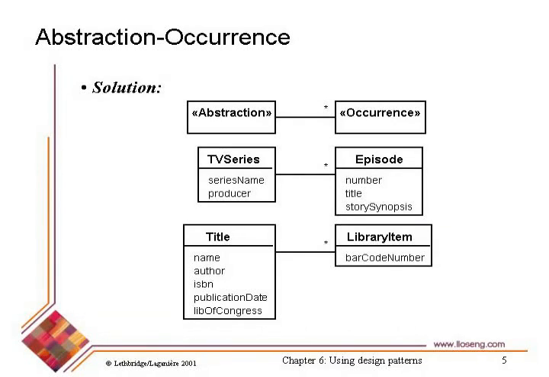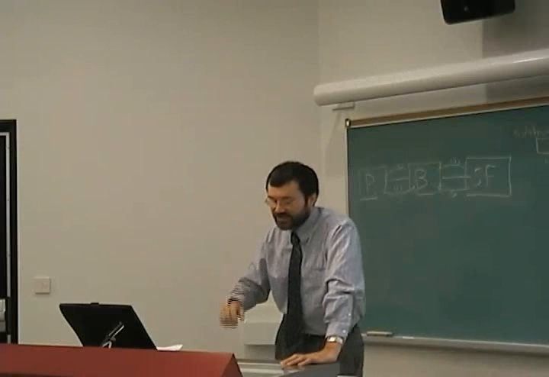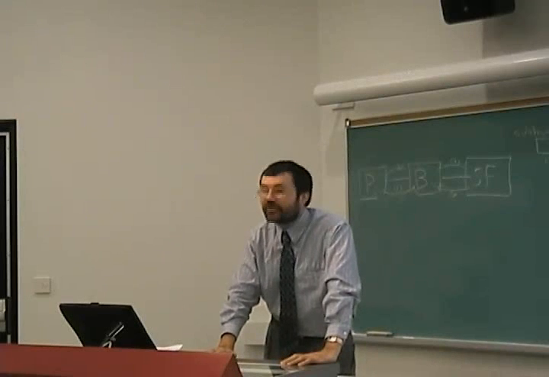The issue here is what if we have a situation where we wanted to model the notion of something being broadcast, a show being broadcast. The user requirements say that there are a certain number of shows that have names, producers, and so on, and each show has a number, title, and story.